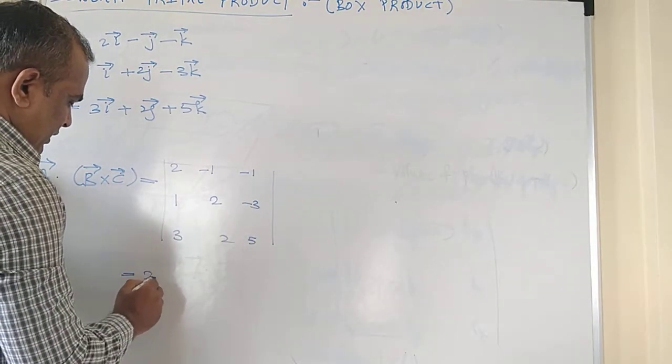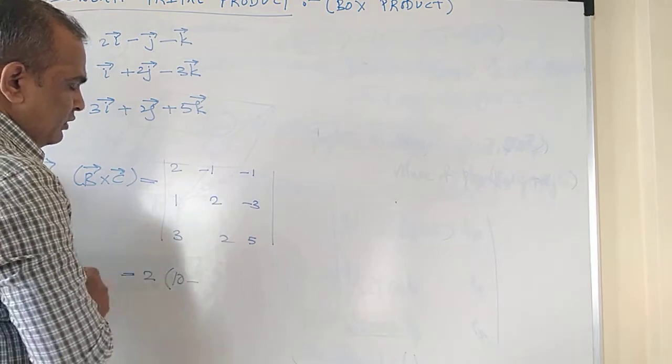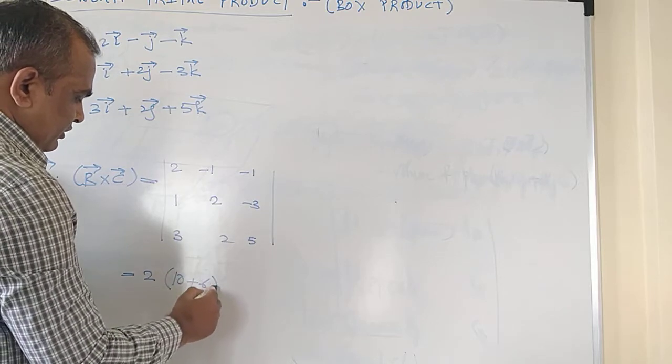So this will give me 2 into, now you can solve this determinant easily. 2 fives are 10, minus minus will be plus 6, so 16.